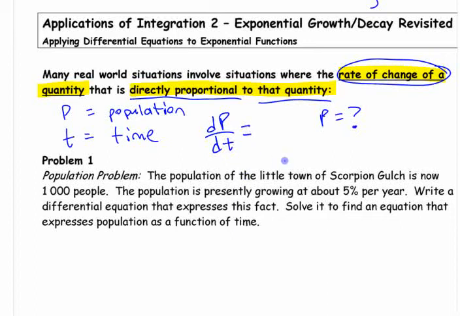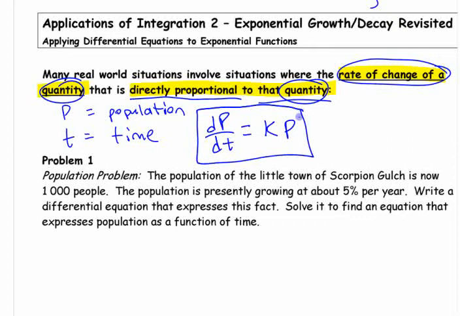And it doesn't say that it's equal to that quantity. It says the rate of change of a quantity is proportional to that quantity, so it's some constant times that quantity, which I'll just put a k there for now, I guess. Okay? This is a differential equation that expresses that fact that's highlighted in yellow there.